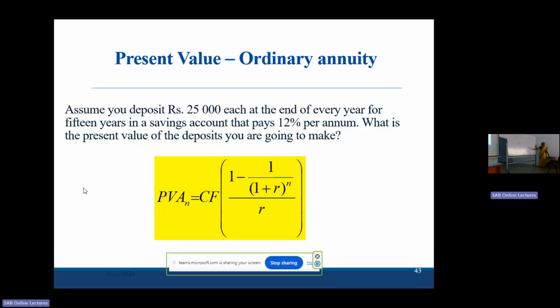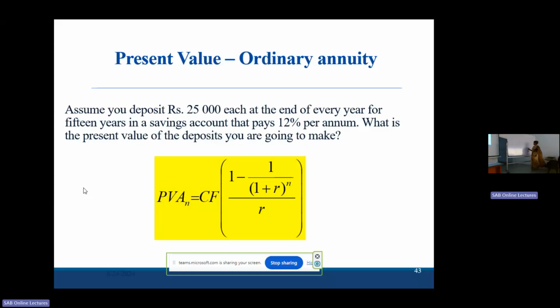You can calculate it in one go. Writing 1 over 1 plus r means you have to break it into two steps on a normal scientific calculator. But if you have a financial calculator, you can even enter the formula. I think it's easy: 1 minus 1 plus r to the power minus n, divided by the rate r.